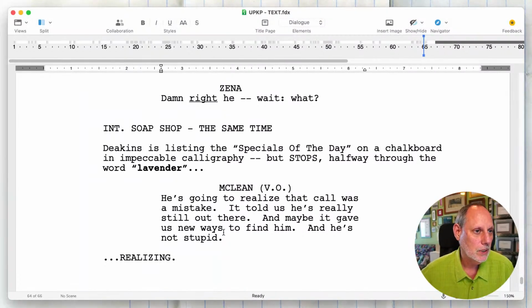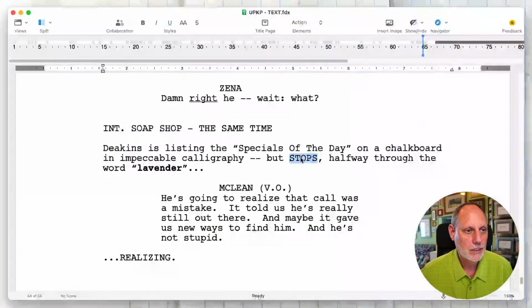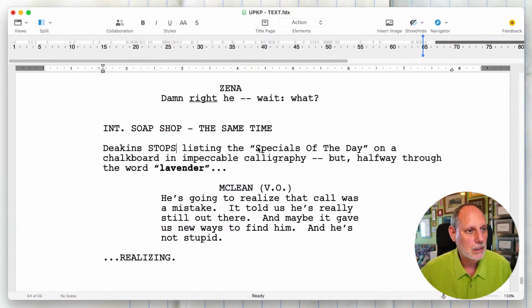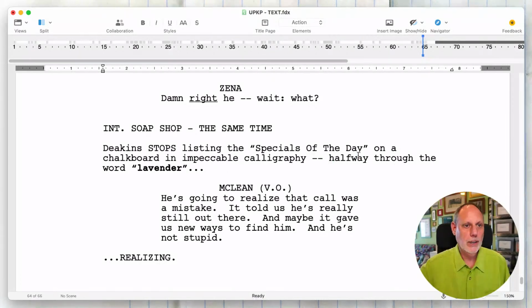Okay, so, but what I was about to say was, Deakins is listing the specials of the day, but stops. There we go. Deakins stops listing specials of the day online.